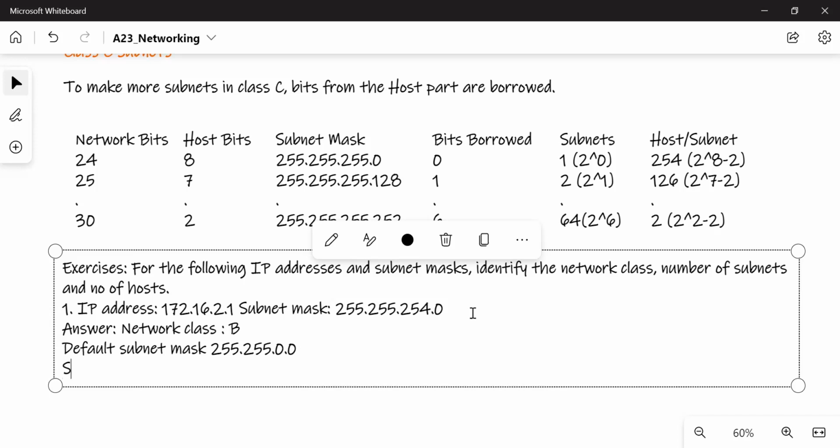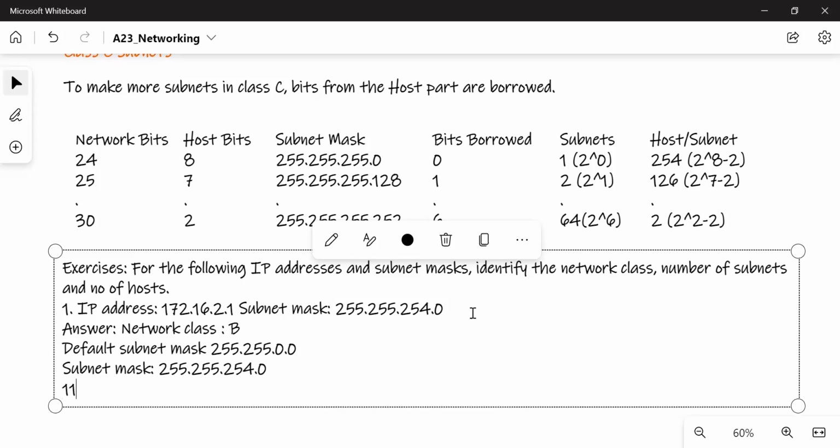But the given subnet is 255.255.254.0, which means if you closely look, we have how many ones? So this is 255. Now 254 means we have 7 bits borrowed.